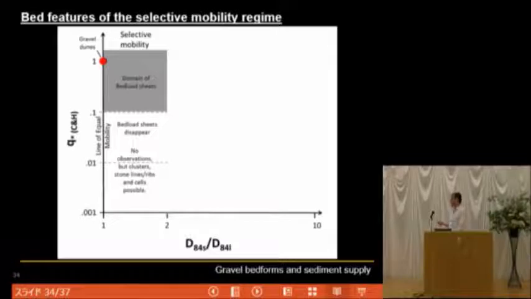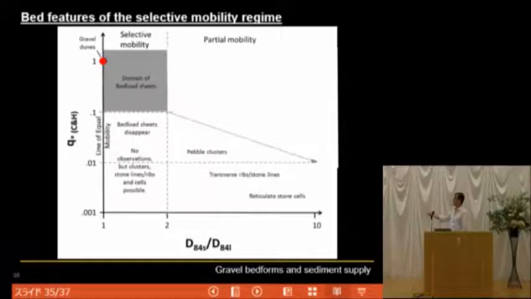But I think what is more likely to happen is if you come out of this domain of bedload sheets, you're going to come into this portion of the diagram right here where you get a partial mobility regime. And you're going to get pebble clusters, ribs, and stone cells starting to form. My placement of these features here in a diagonal is purposeful, right?